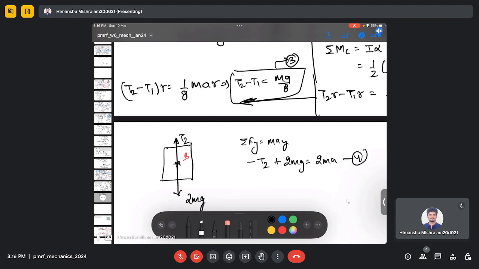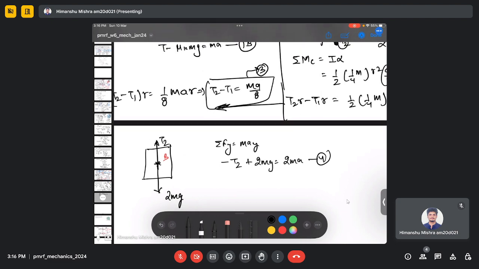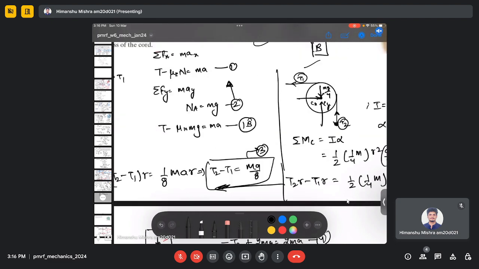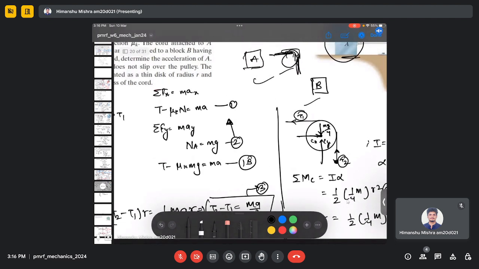So till now we actually gathered all the equations that we obtained from force balance and the moment balance analysis from all three blocks.